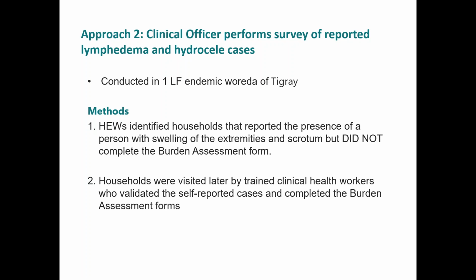Under this process, the health extension workers identified households that reported the presence of a person with swelling of a hand, leg, breast, or scrotum, but did not complete the burden assessment form. Then these households were visited later by trained clinical workers who validated the self-reported cases and completed the burden assessment form. Next, please.